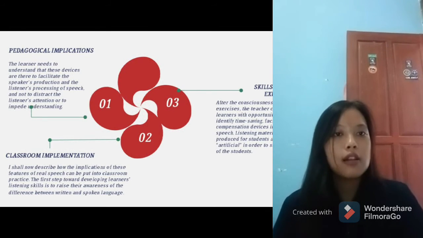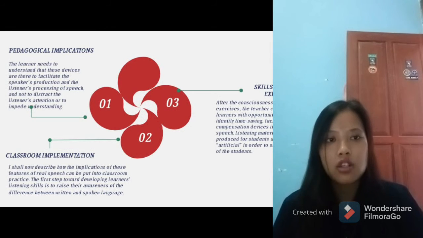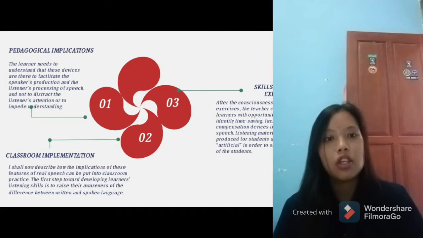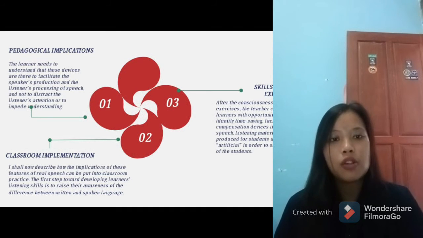And next, skill enabling exercises. After the consciousness raising exercise, the teacher can provide learners with opportunities to identify time-saving, facilitation and compensation devices in live speech. Listening materials produced for students are often artificial in order to suit the level of the student.